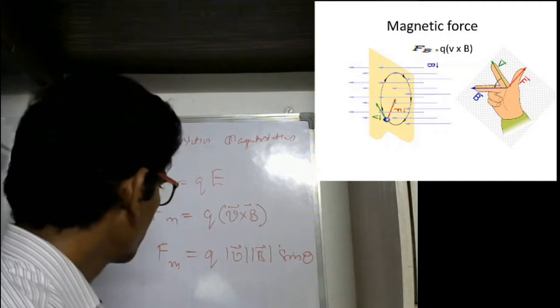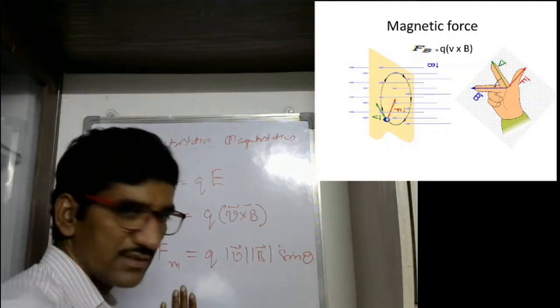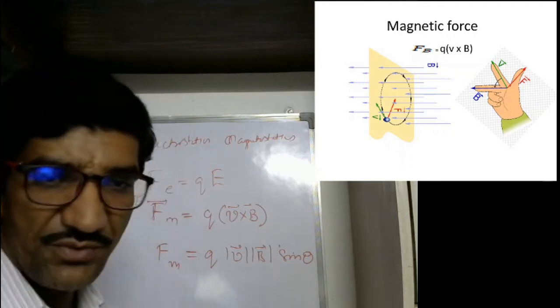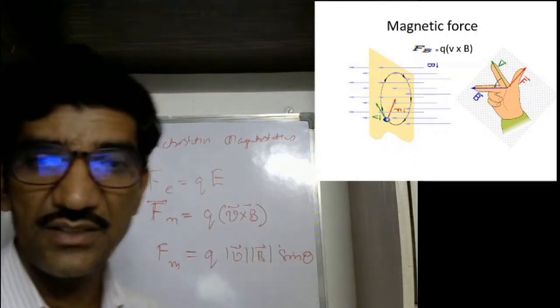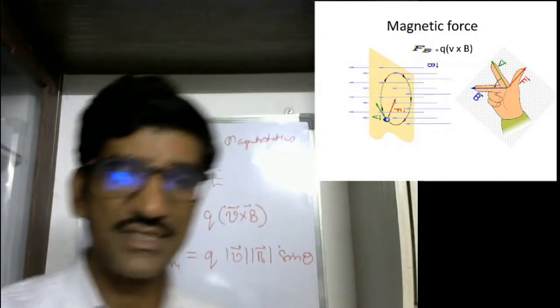This is the scalar equation. This will give you the magnitude of F, but the vector equation gives you the direction of the magnetic force acting on a charge.